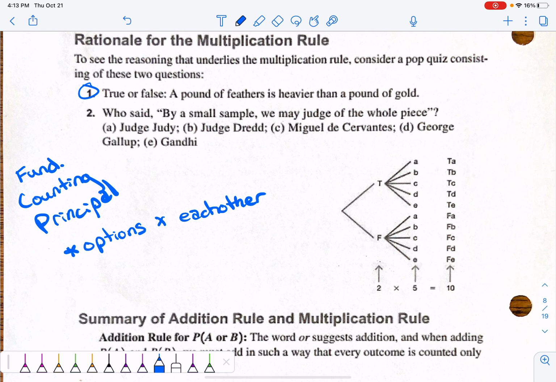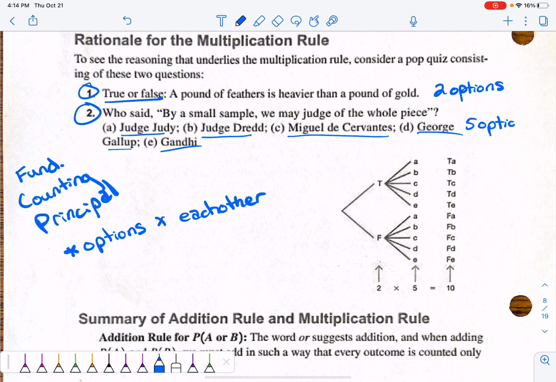The first question on this quiz is true or false, and if I have a true or false question, there are 2 options. Number 2 asks who said, by a small sample we may judge of the whole piece, and there are 5 options there.